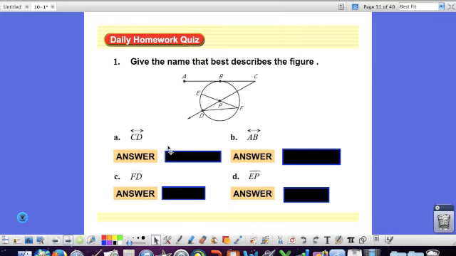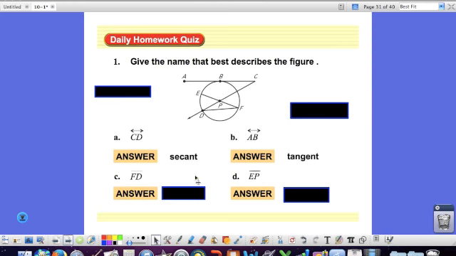Give the name that best describes the figure. CD, while it contains the diameter, extends past the circle. It's a secant. AB, as a line, is a tangent. If it was just a segment, then it would be a tangent segment.